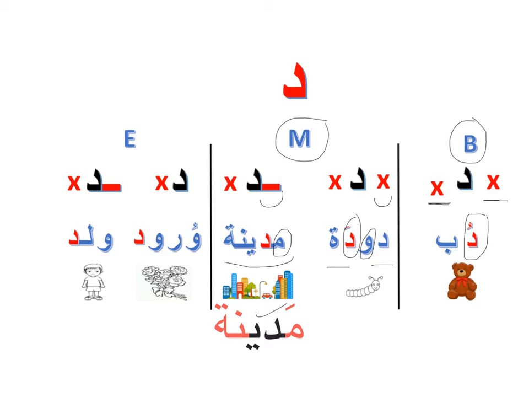Now, one more thing I want to explain about the word Medina is, if you notice at the beginning of the word, da comes with the vowel u, do. In this word do, da comes either with the long vowel u, do, or the short vowel a, da.